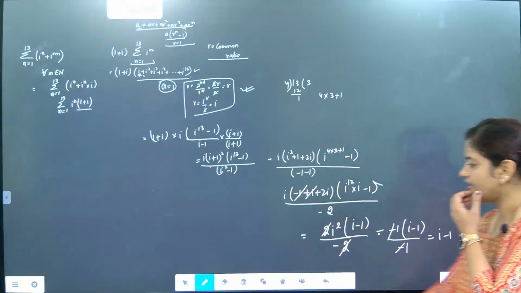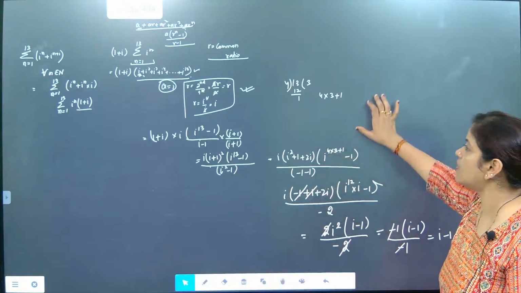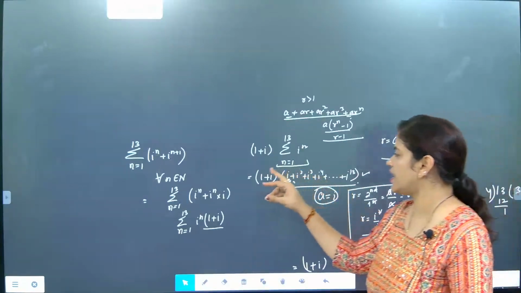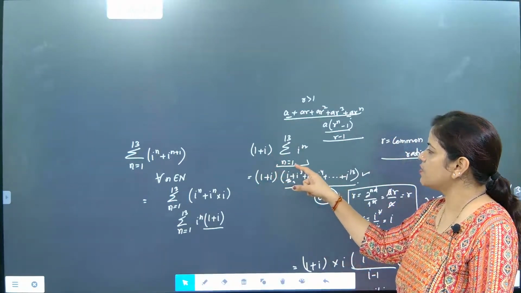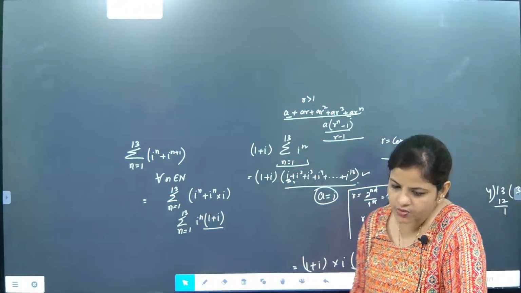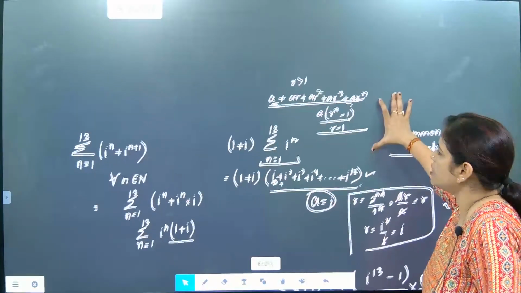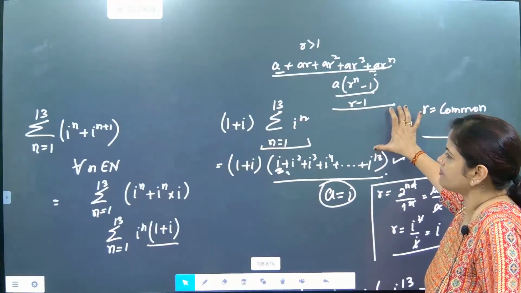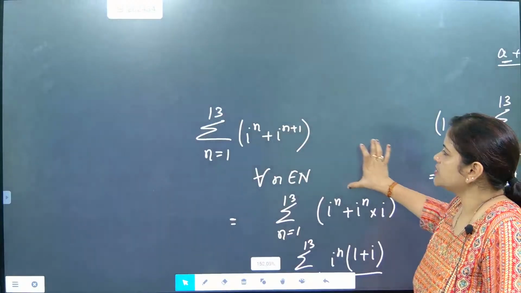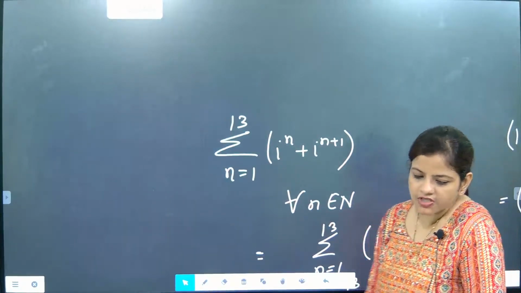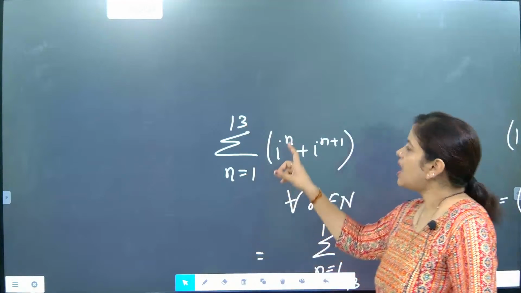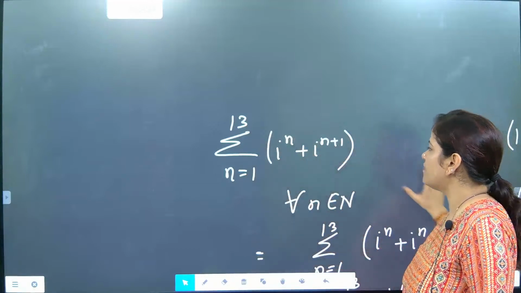Here one by one I'll explain one more time how I have solved this summation question. What was given to you? The question was given as summation n is equal to 1 to 13, so total 13 terms were there in the question. This was actually the question: summation n is equal to 1 to 13, i to the power n plus i to the power n plus 1.